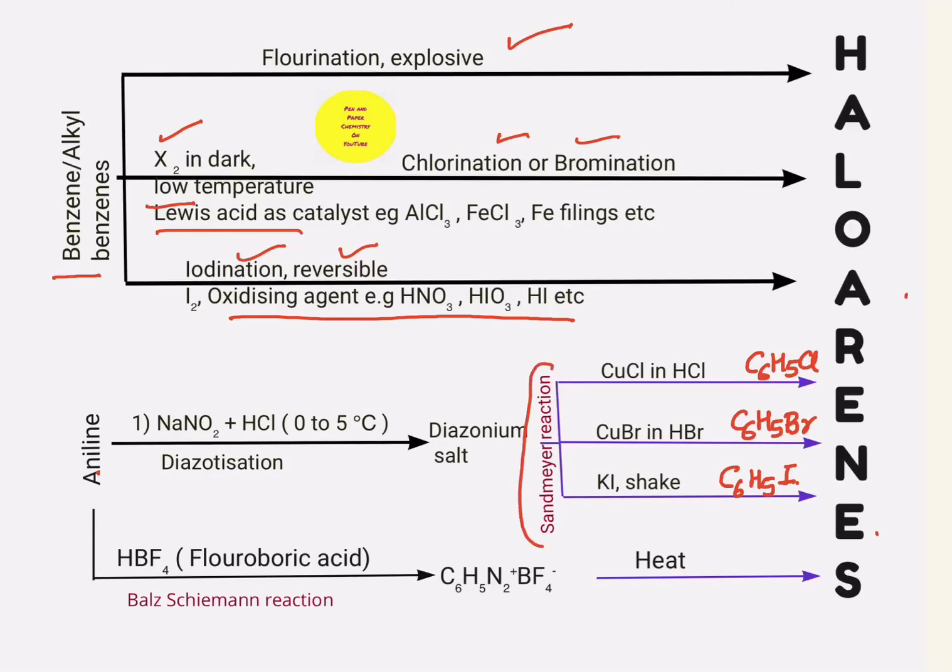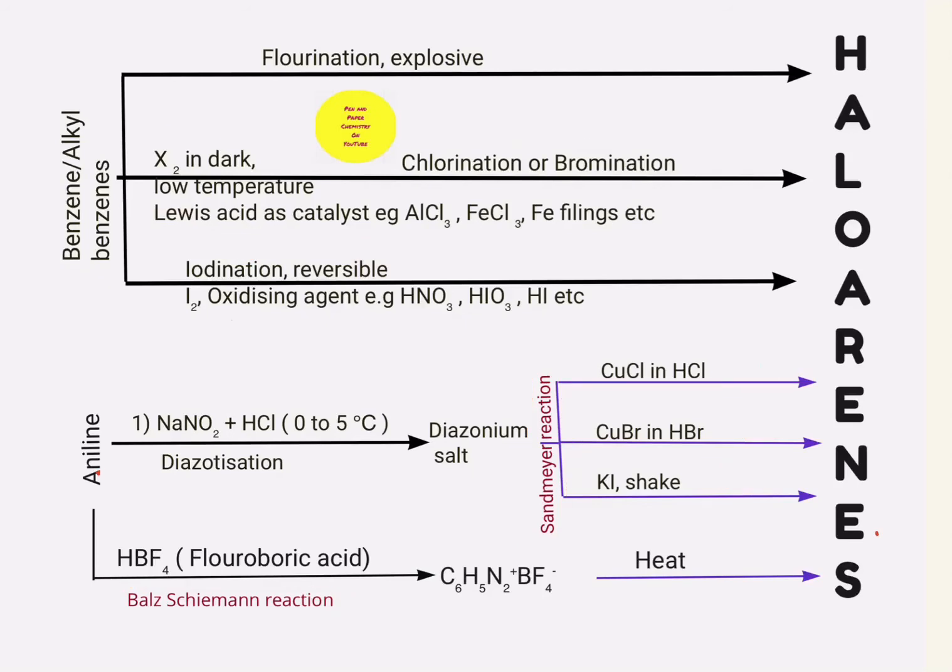If you notice in this flow chart, here is the Sandmeyer name reaction. Here is the Balz-Schiemann reaction. Interesting, right? If you want, you can add the names of the products over here in brackets as well. So this particular flow chart is very, very useful. So please feel free to copy it, draw it yourself.